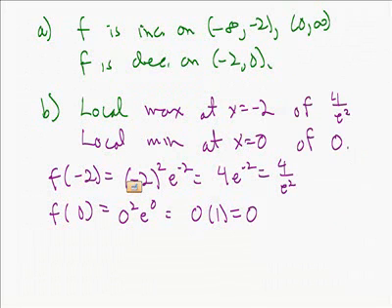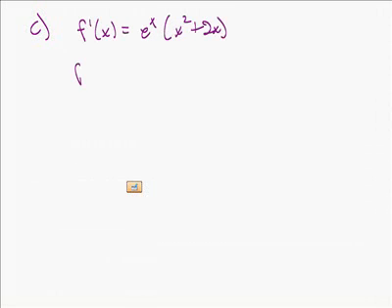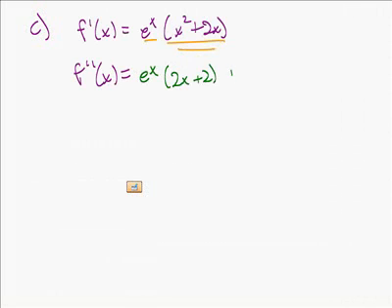Now, part C, then we want to use the second derivative. We want to find the intervals of concavity. So remember, f prime of x was equal to e to the x times x squared plus 2x. And so f double prime of x, well, let's see. Here we're going to have, again, a product rule. So we're going to have the first function times the derivative of the second, which is 2x plus 2, plus the second function left alone, times the derivative of the first, which is just e to the x.